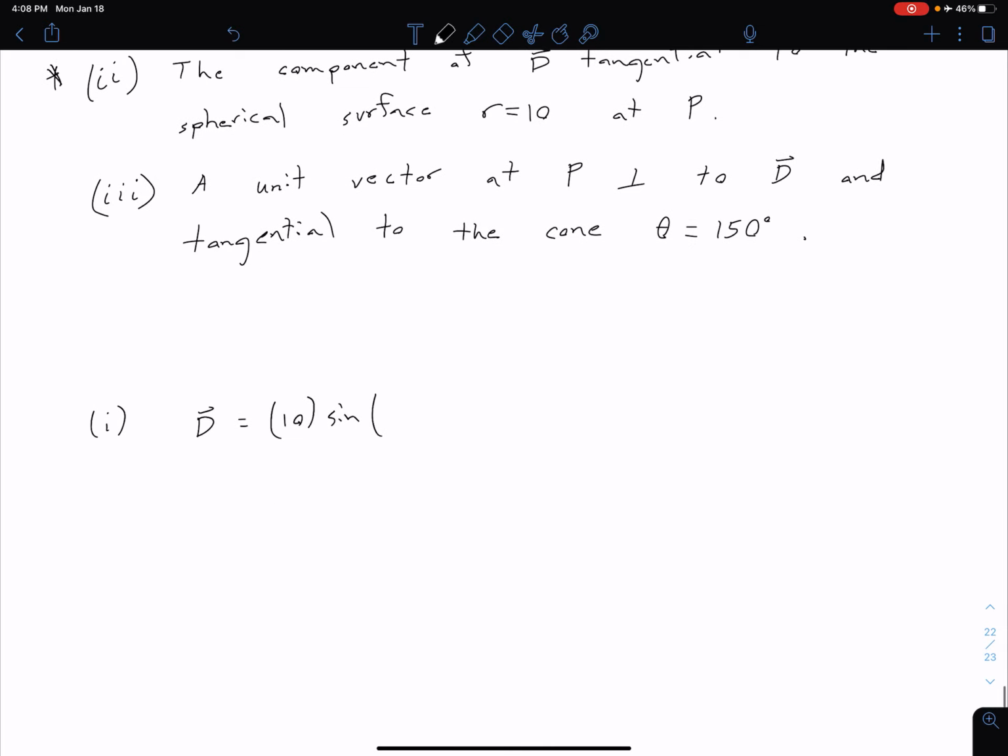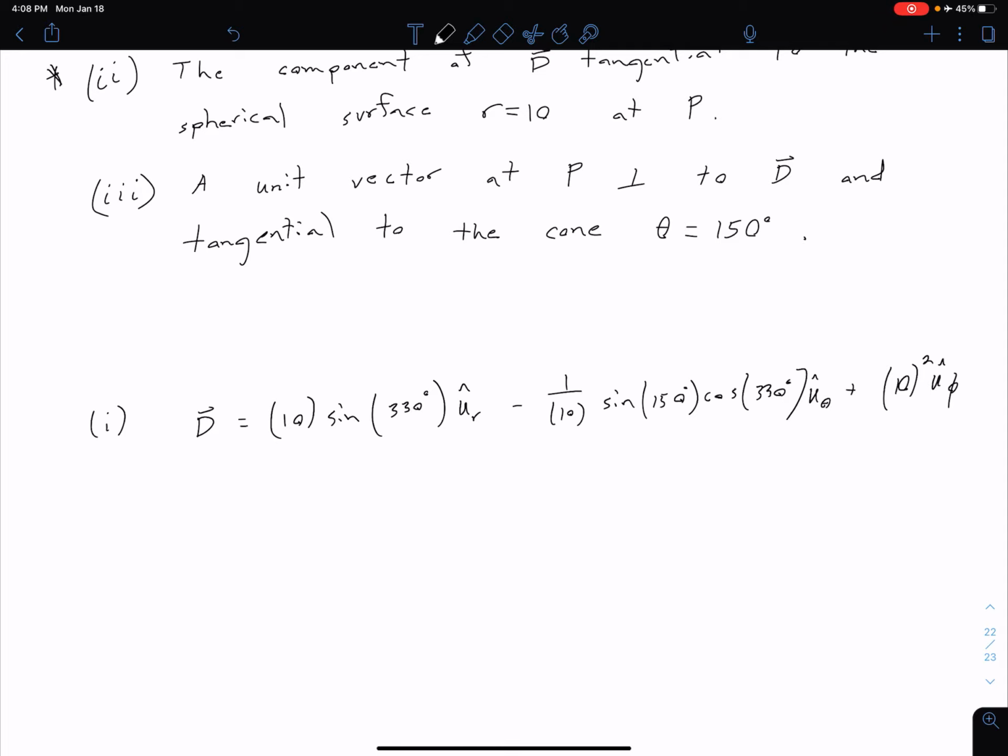So for our phi value, we're going to plug in our 330 degrees, and that is in our r direction. We then had minus 1 over r, so r was 10, times sine of theta, theta was 150, and times cosine of 330, that was in our theta direction. And then finally in our phi direction, we had r squared, r is 10, that's multiplied by our unit vector in phi direction.